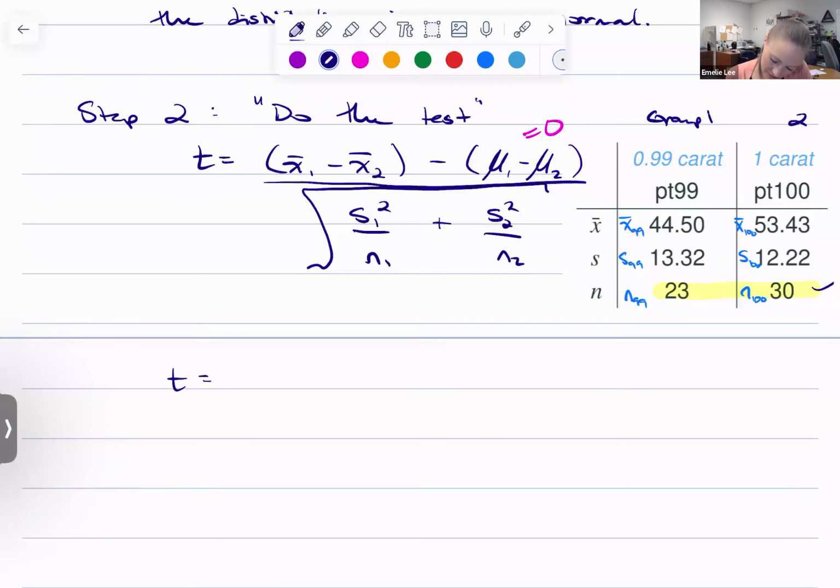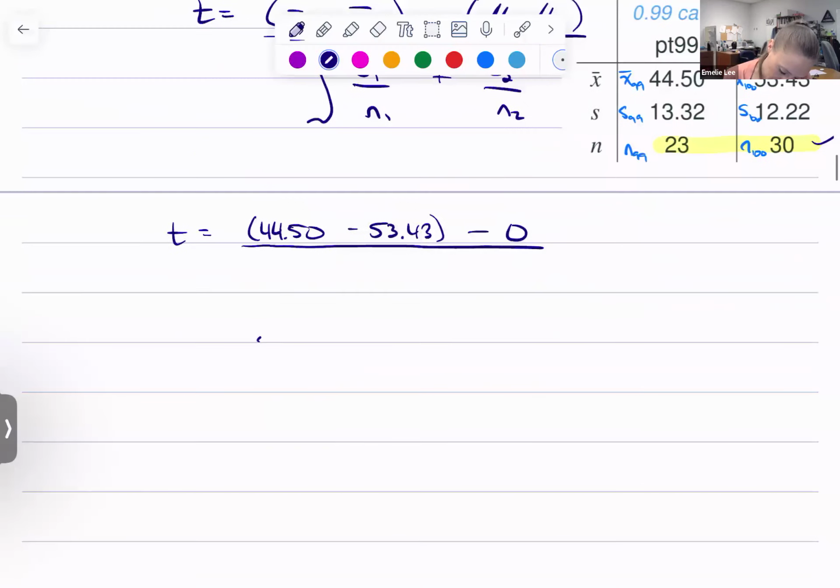So now I have T is 44.50 minus 53.43 minus 0 technically, divided by the square root of 13.32 squared. Now that's new, right? Because usually we have s over root n, right?